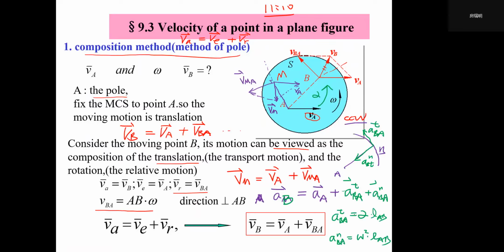So actually that's the whole chapter 9, which talks about the two composition methods, right? Today we are just going to talk about composition of velocity. Actually, we also have the same pattern for composition of acceleration, right? So I hope you guys have an impression here today, and maybe next time we'll talk about that in detail, right?